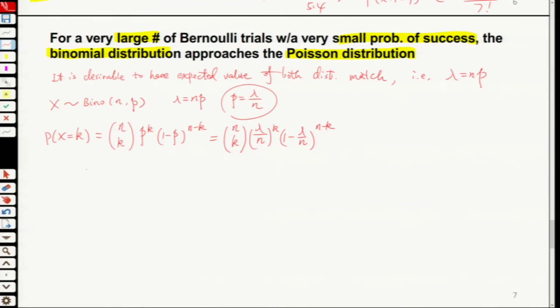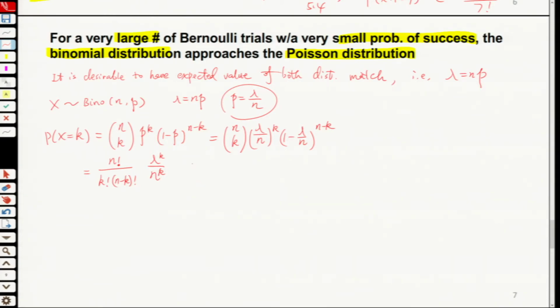So what is this part? Let's expand it. This will be n factorial divided by k factorial times (n minus k) factorial. And then the second one is lambda^k over n^k.